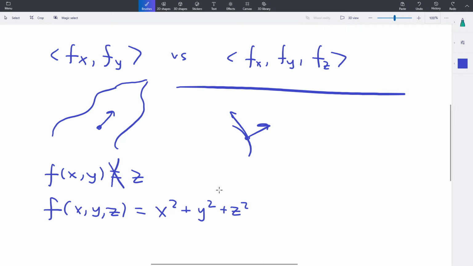So, it's not the same thing as above, where z was a function of x and y, so we're trying to maximize z when we go along the gradient. Here, we have to maximize x squared plus y squared plus z squared instead of just z. If we wanted to maximize z, well, why don't we just go up there or something? Assuming that were the z direction.